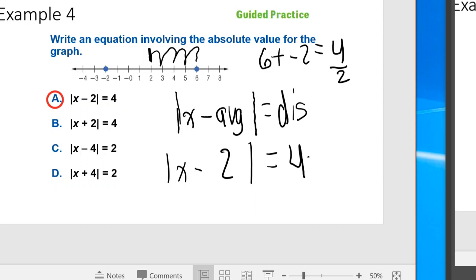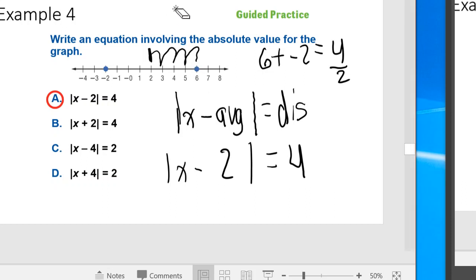If I gave you a number line that looked like this, negative 4 to 0, and those are my 2 points, I have one at negative 4 and one at 0.